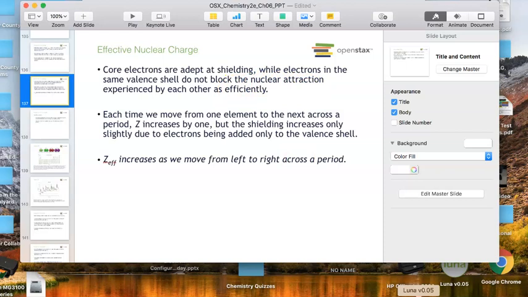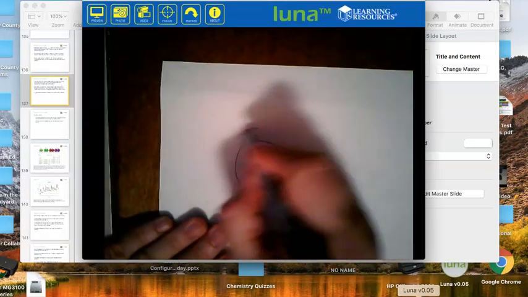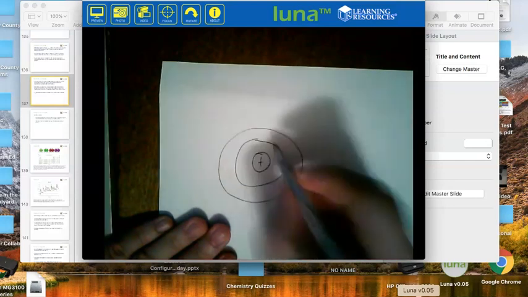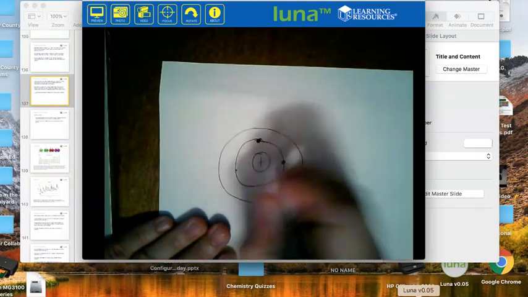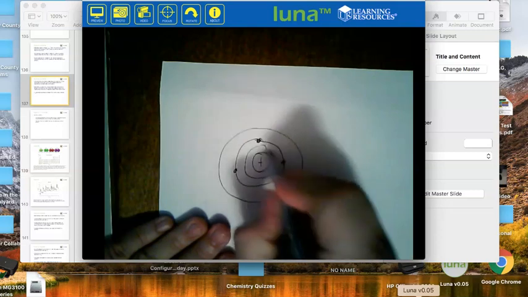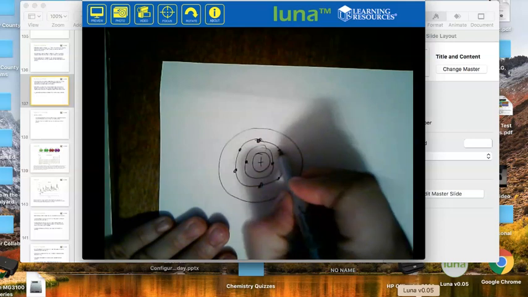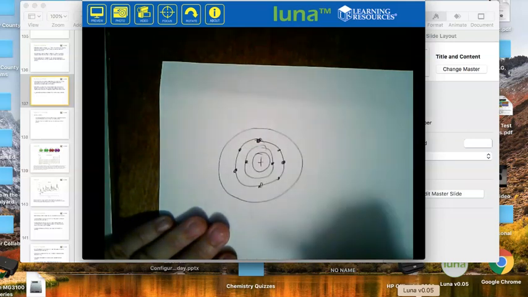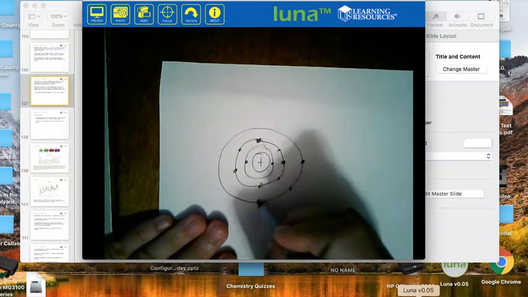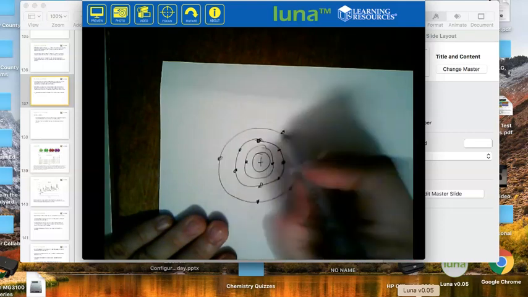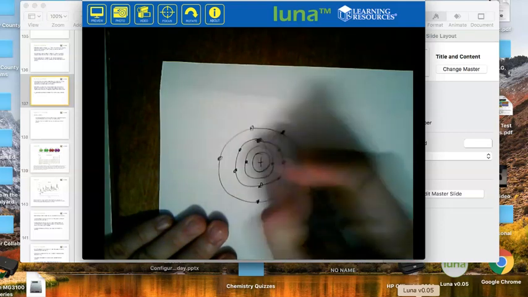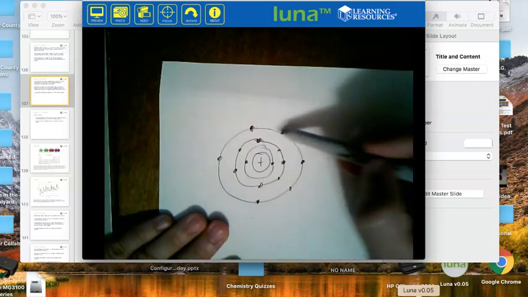So let me draw this picture again. All right, so here I have some core electrons, and then I have some valence electrons here. These electrons here are not going to be shielded by electrons in the same shell.